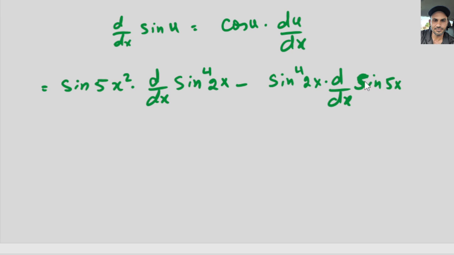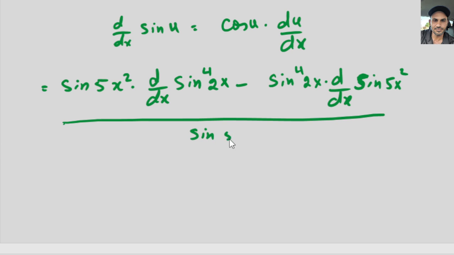This is s, not 5. Okay, here we go, and everything divided by sine of 5x squared, quantity squared.